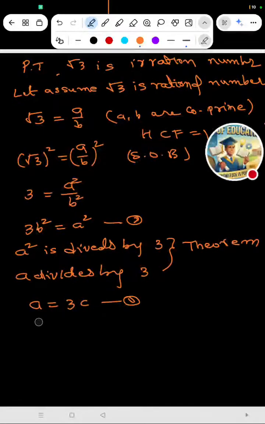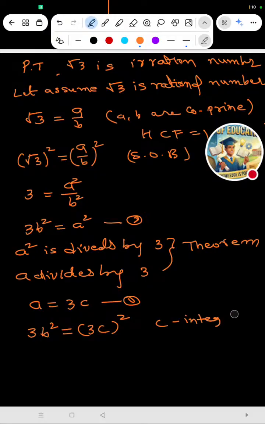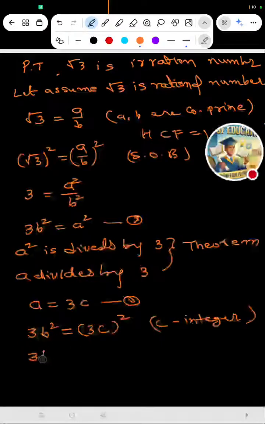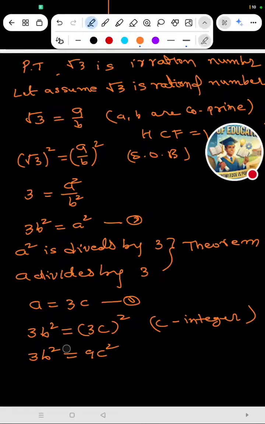Next, if we take a is equal to 3c, where c is an integer, and substitute this value in this equation, what are we getting? 3b square is equal to 3c whole square, which is 9c square.